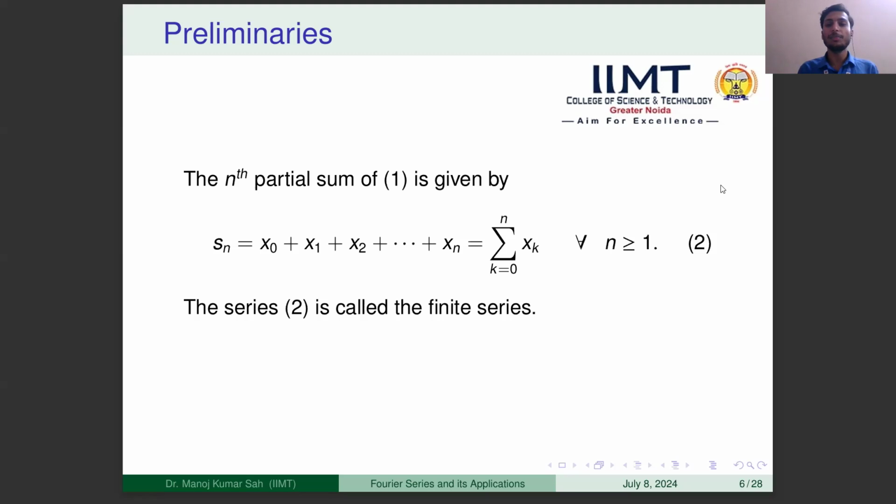Now, the nth partial sum of the series given in 1 is given by equation 2. In this expression, what do you find? We have fixed the value of k up to n. Therefore, the series in 2 is called a finite series because we have fixed the value of k up to n.